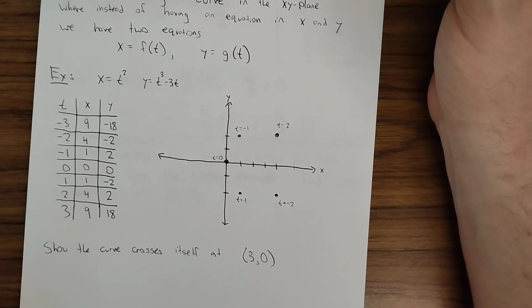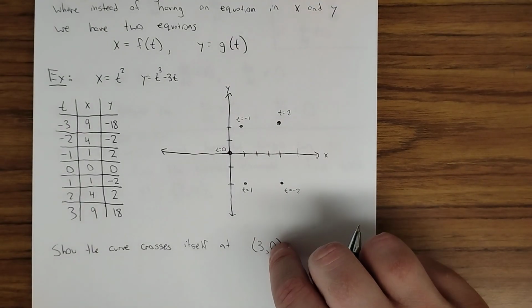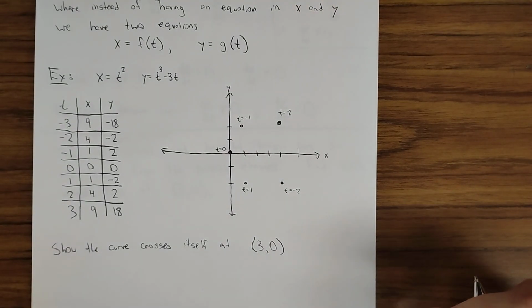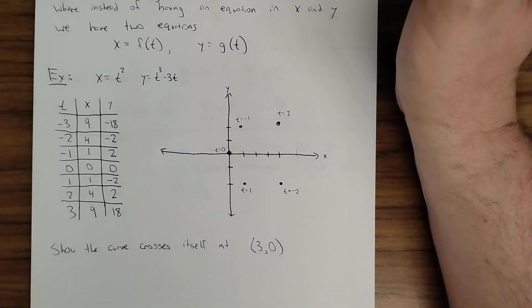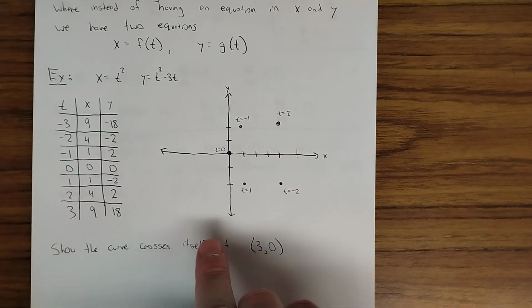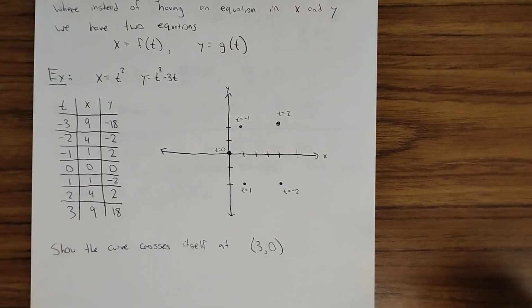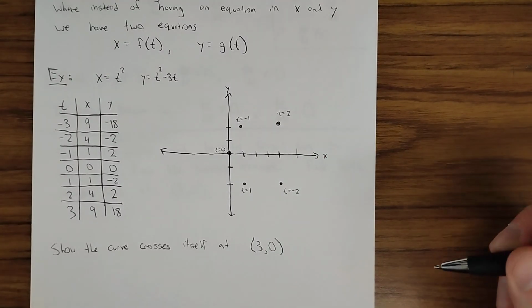What this means is there's two different values of t where x and y turn out to be this point. So we're going to show that the curve does indeed cross itself by finding the two different values of t that give me that point.